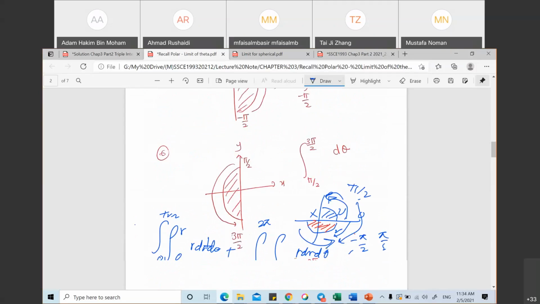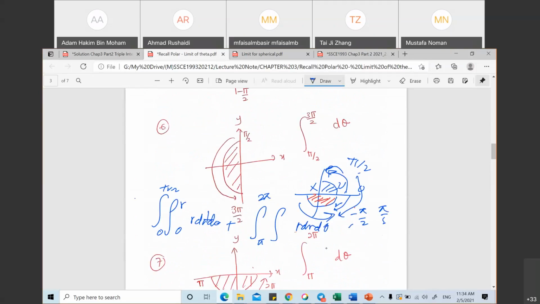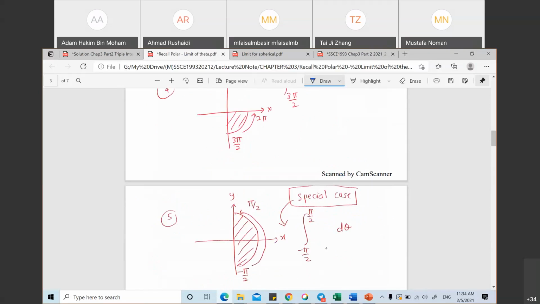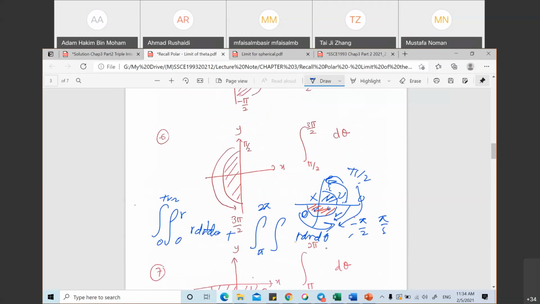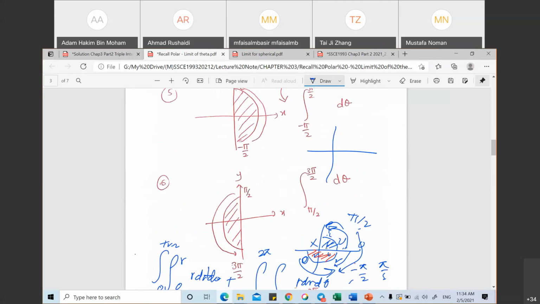So either like this, or you can merge these two and plus this one, or first this or second this. Same if I put here only or here only. So one is from here to here, another is here to here, anti-clockwise.